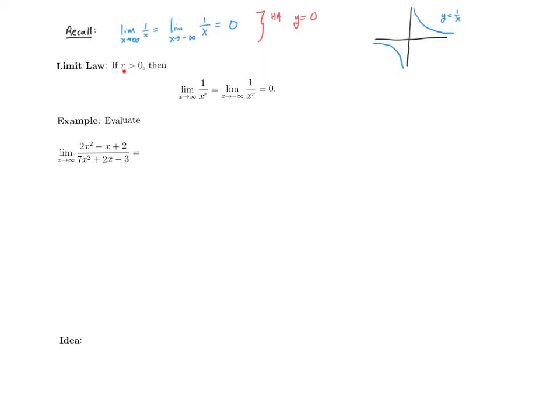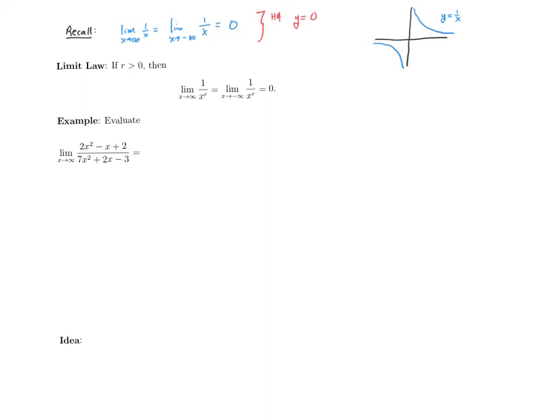In fact, for any positive quantity r, the limit as x approaches infinity or minus infinity of 1 over x to the r will also be equal to 0. And that will allow us to very conveniently and effectively evaluate limits as we approach plus or minus infinity of rational functions. Think a polynomial over a polynomial.